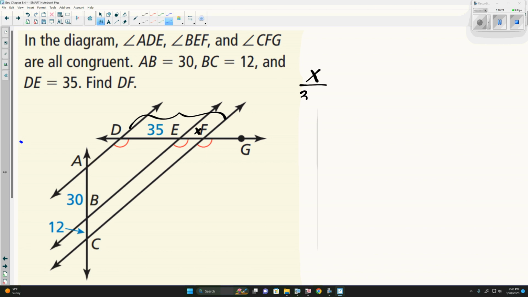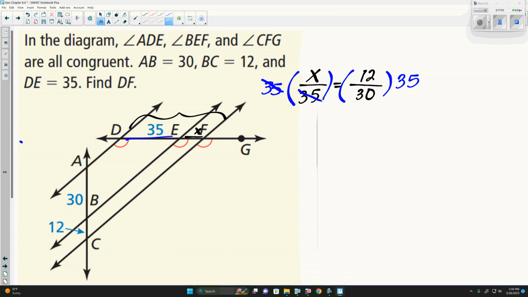So we can say x over 35 is equal to, so which length did we use first, the smaller or the bigger? Smaller. So which one would we go first? Because we want to keep it proportional the same. So since we're looking for the smaller amount, we should expect x to be smaller or bigger than 35? Smaller. Now we can multiply both sides by 35.